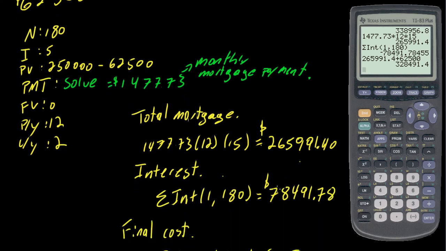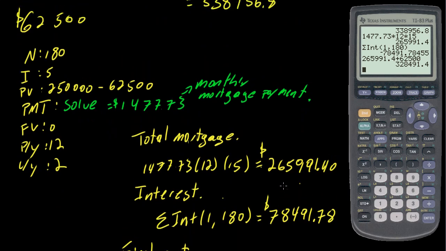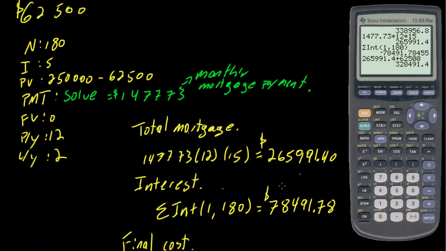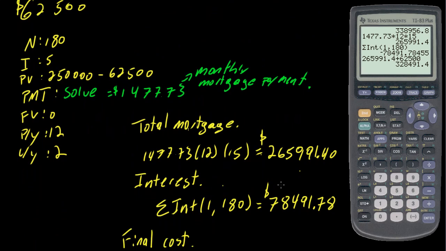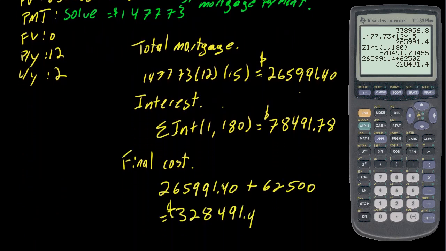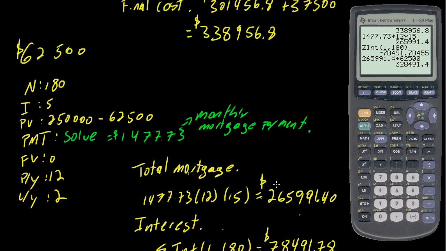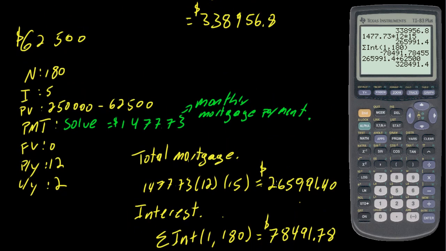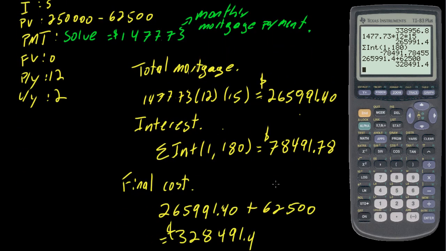We have $78,000 of interest rather than $88,000, so about $10,000 less in interest. And you can see our final cost is about $10,000 less as well, $328,000 rather than the $338,000.